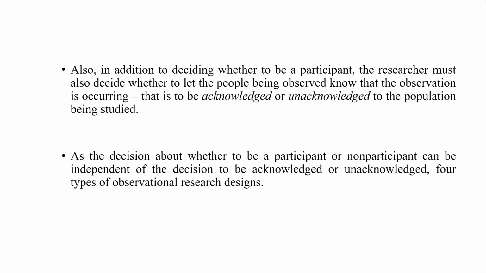Also, in addition to deciding whether to be a participant, the researcher must also decide whether to let the people know that the observation is occurring. Say, for example, an individual has gone to observe a particular classroom interaction.